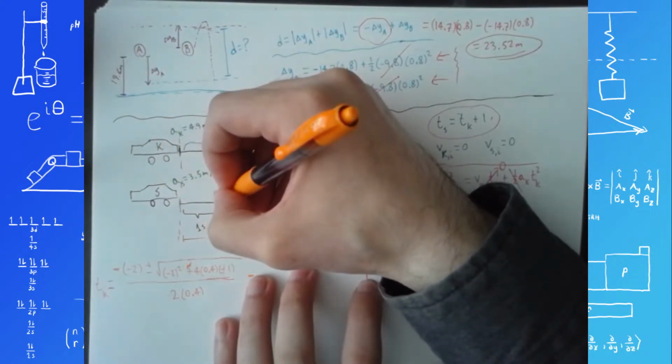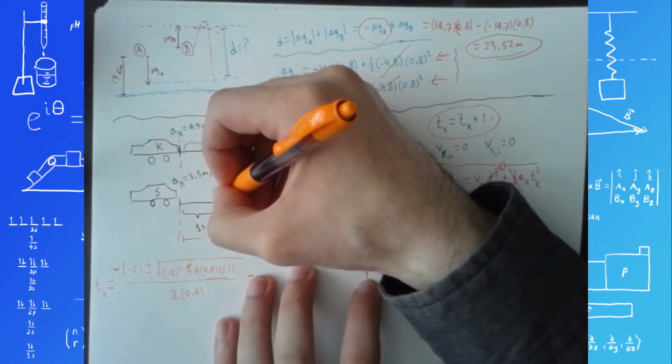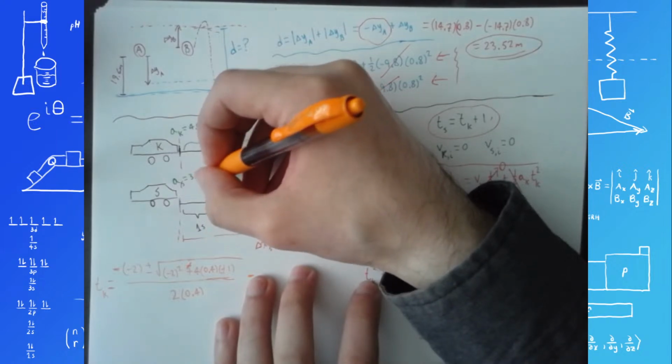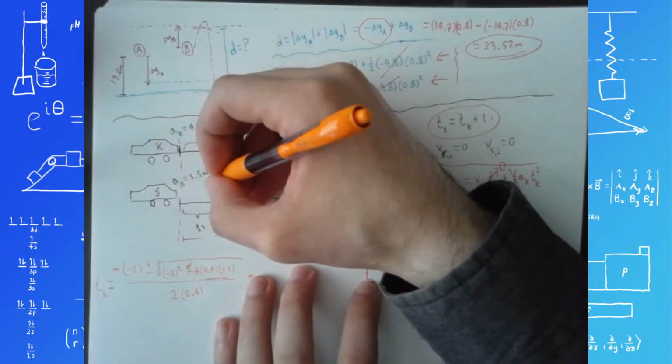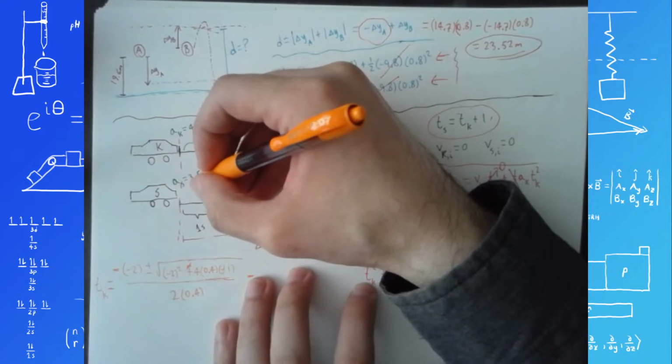So Stan would have already moved here for 1 second, and then if you assume they accelerate backwards from that point for 0.458 seconds.